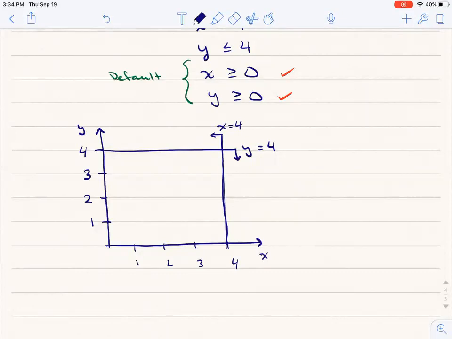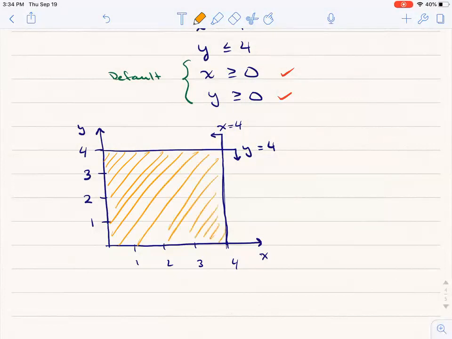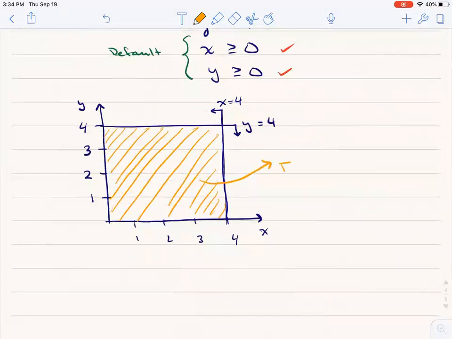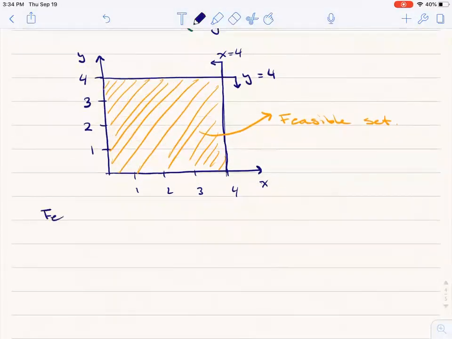And so if we draw this like this, right? This area is what we call the feasible set. So any value, any XY combination that's in here satisfies the restrictions.